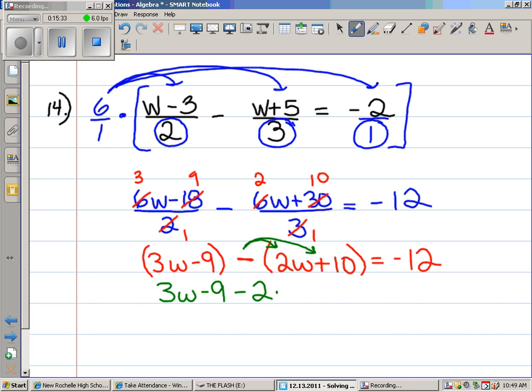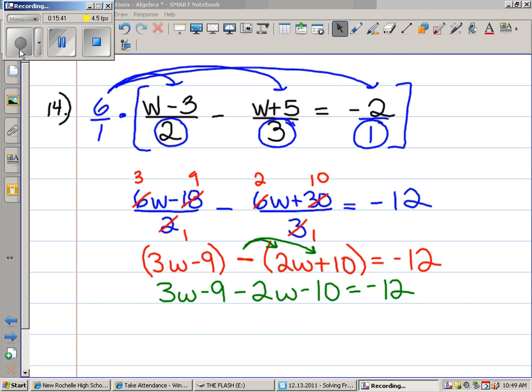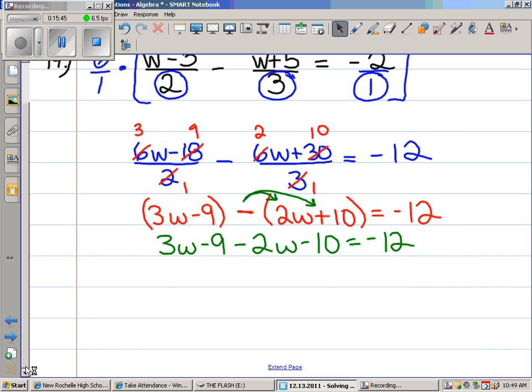So it becomes minus 2w minus 10 equals negative 12. Yeah, because when you remove the parentheses once you distribute, and then as Eric suggested, now we're going to tighten things up. It's going to be 1w minus 19 equals negative 12. Now how do we get that w by itself?